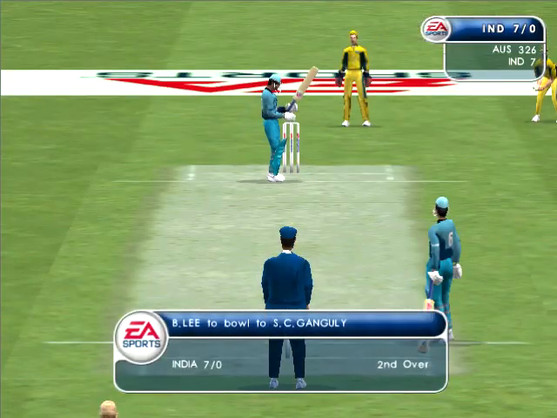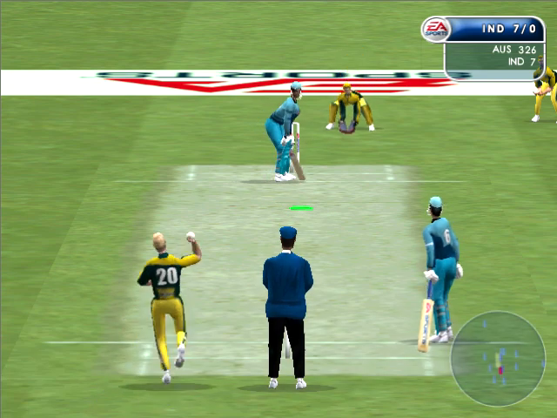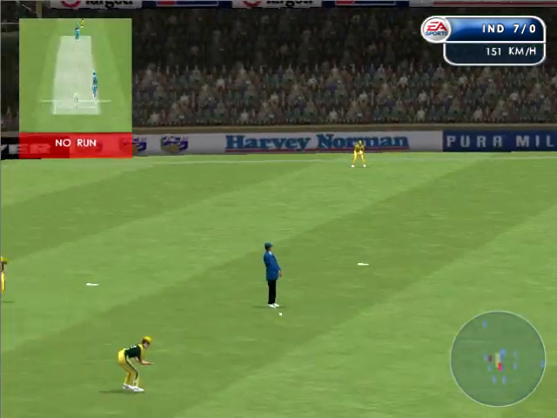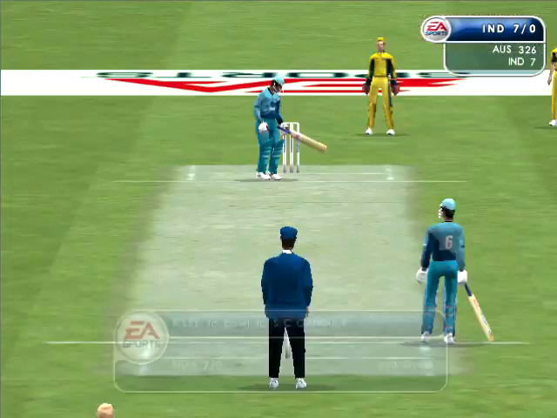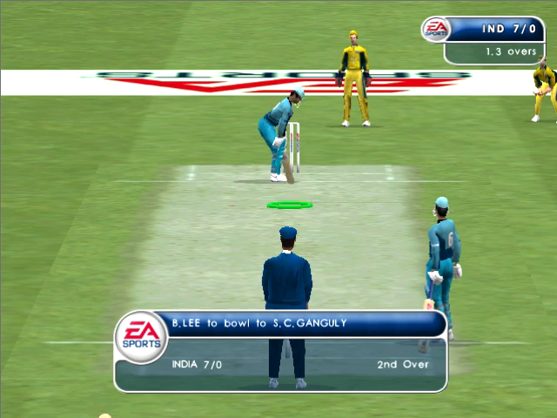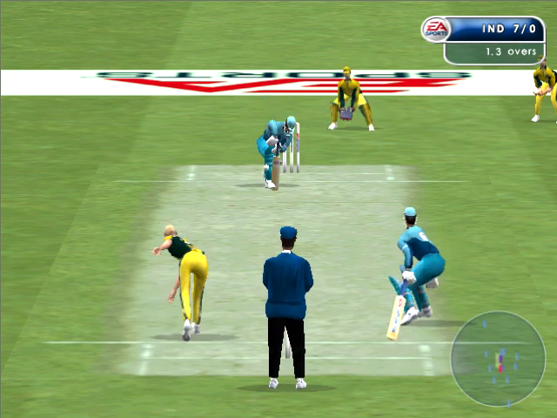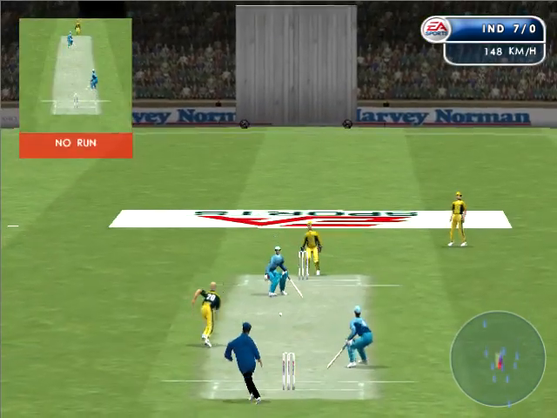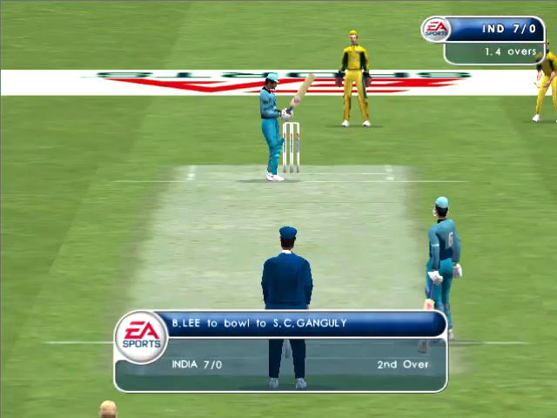It's straight at Martin. Ganguly waiting at the striker's end.